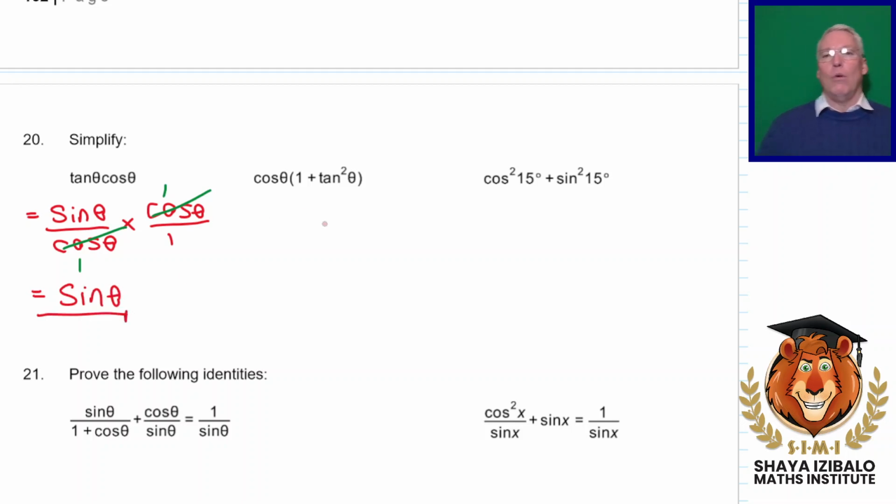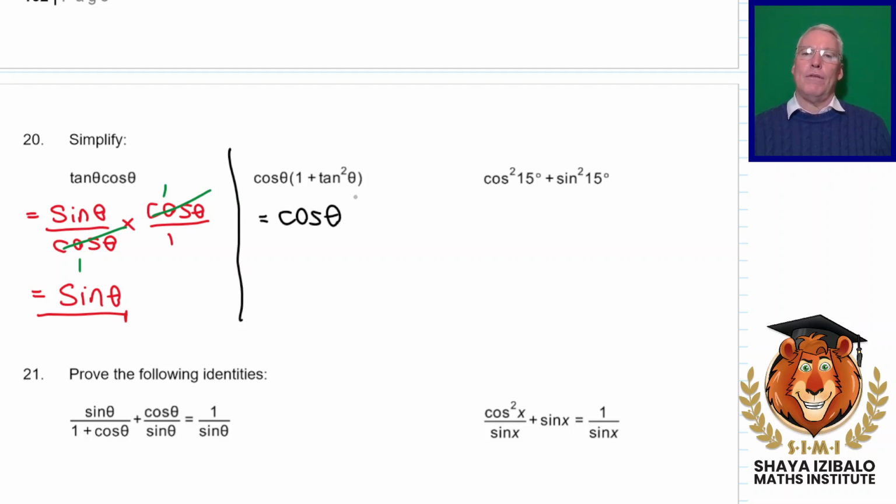What about the next one? Cos theta times 1 plus tan squared theta. Now remember, one of our strategies was to replace tans with sines and coses. So let's try that. This is going to equal cos theta, and then here we've got 1 plus sine theta over cos theta all squared, so sine squared theta over cos squared theta.